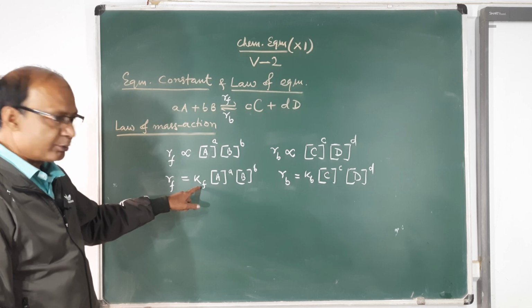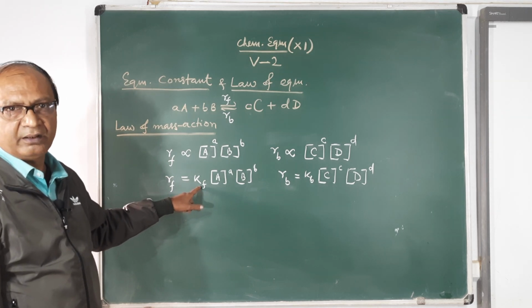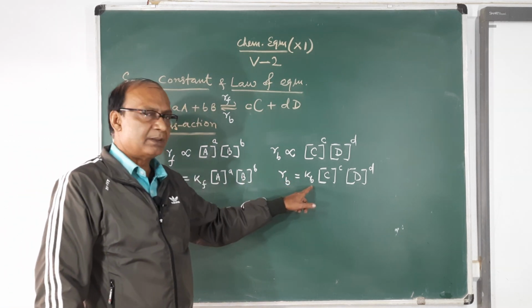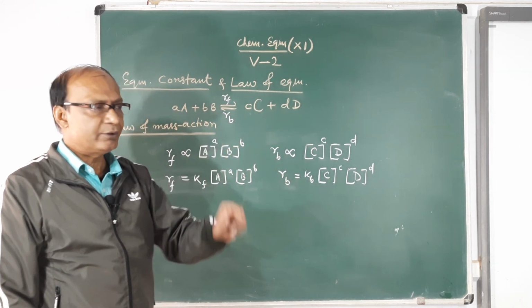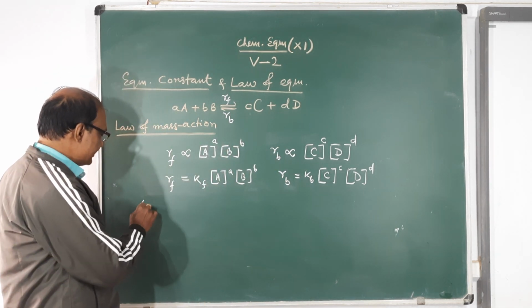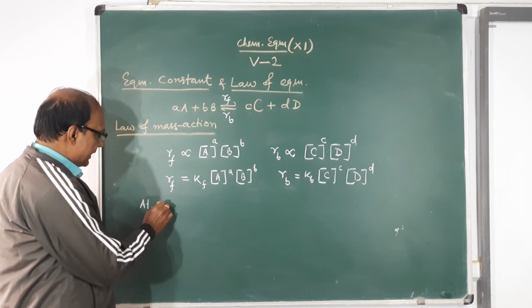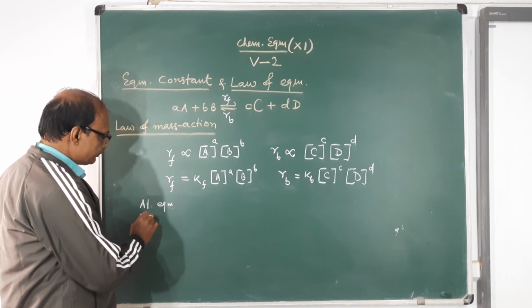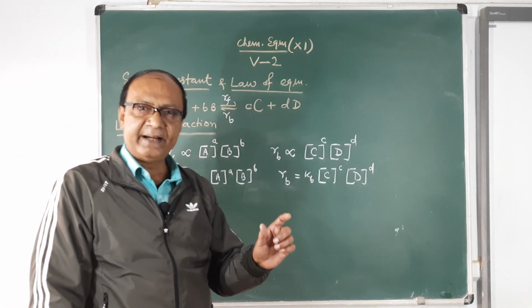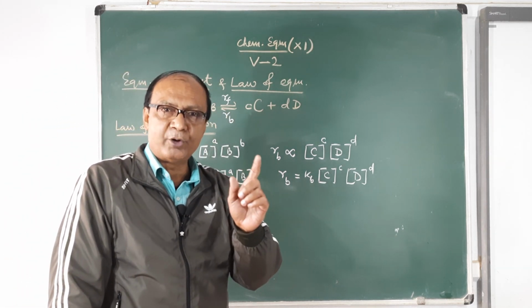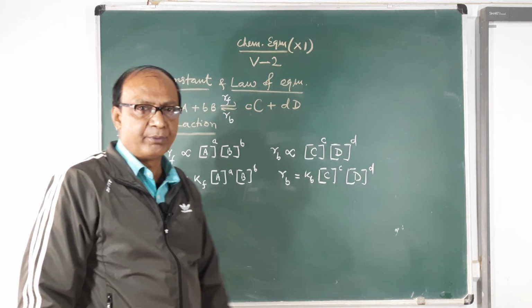Kf is the proportionality constant for the forward rate, Kb is the proportionality constant for the backward rate. We know that when the system attains equilibrium, these two rates are equal. The opposing rates are equal. This is one of the important features of the equilibrium process.